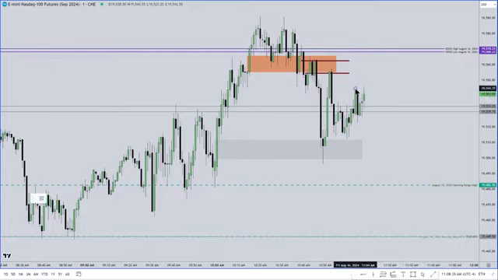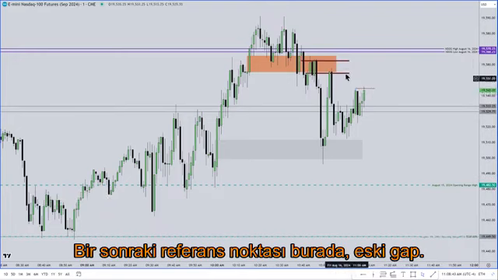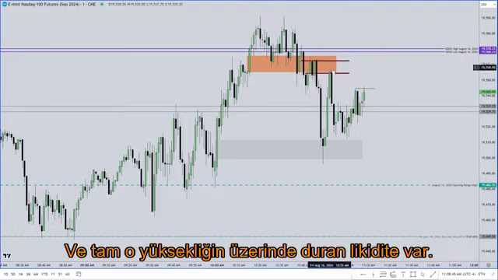So this high. It's been taken out. Next reference point is here, which is the old gap, and then we have the liquidity resting right above that high, right there.